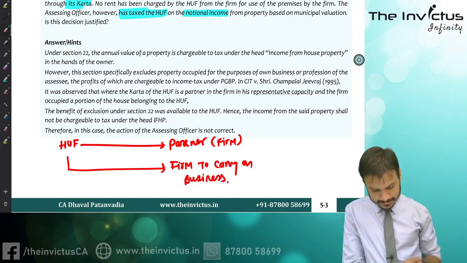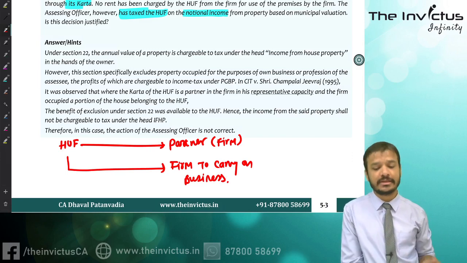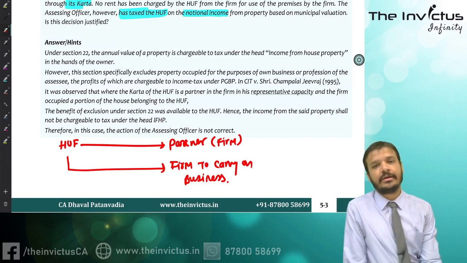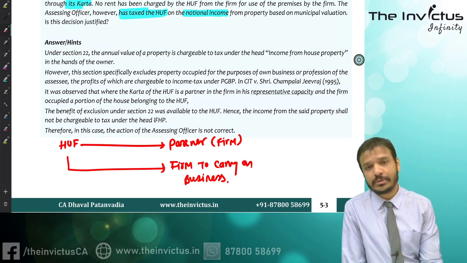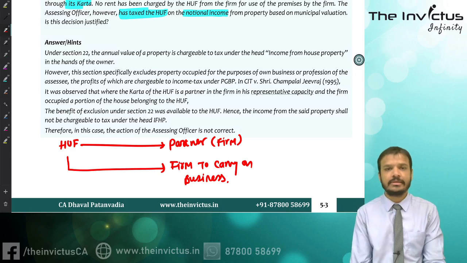Okay, this is the scenario. An assessing officer is considering this property as a house property and taxing income on the basis of municipal valuation. So is this the correct action taken by the assessing officer?